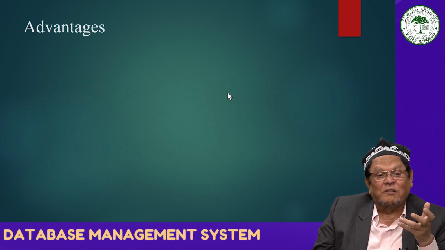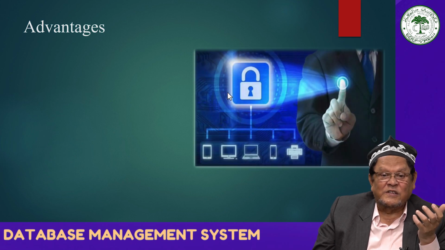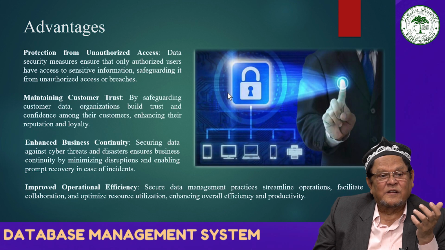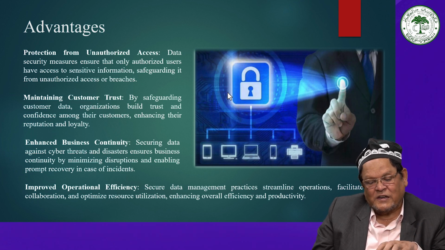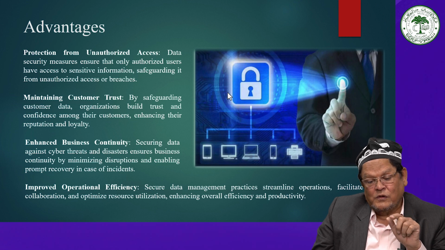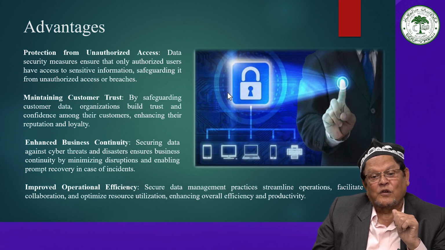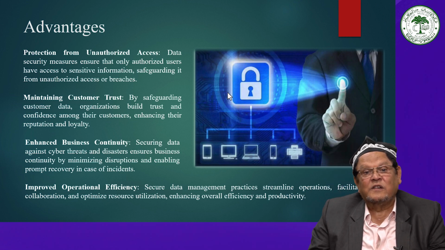Then what are the advantages and disadvantages? Everything has advantages and disadvantages. Here I've given a diagrammatic representation. This means data is available, but there are some locks. You can use fingerprints, touch screens, and user passwords, and double authentication.